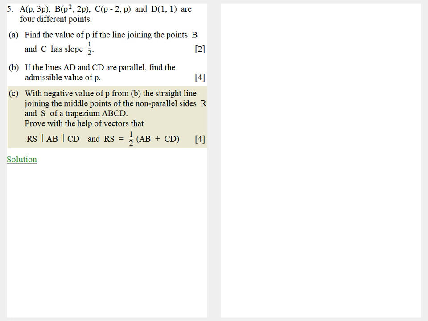Now to solve this, we have p equals -1, and the points then become A(-1, -3), B(1, -2), C(-3, -2), and D(1, 1).